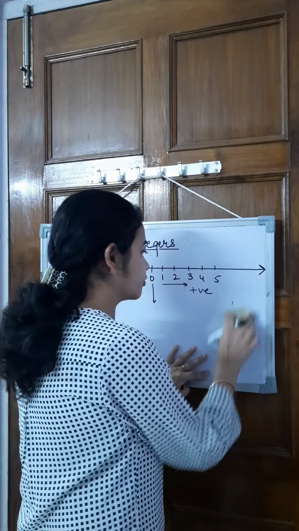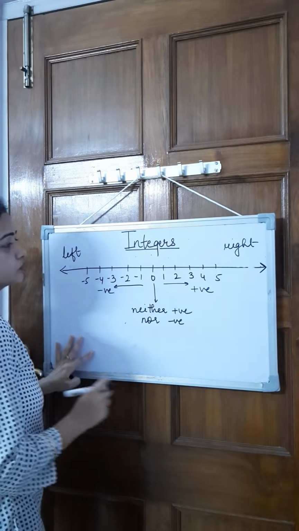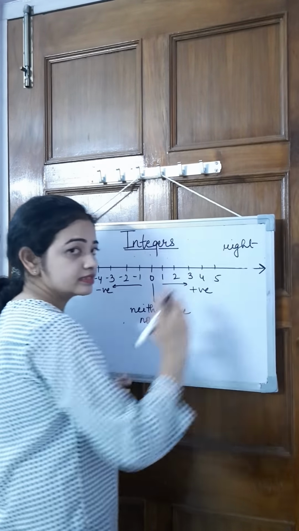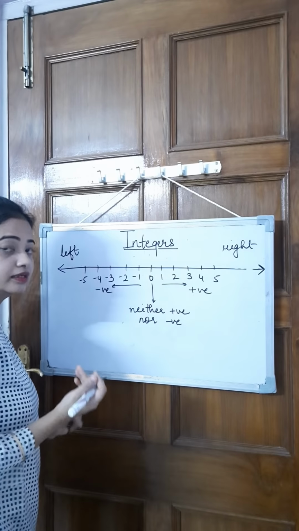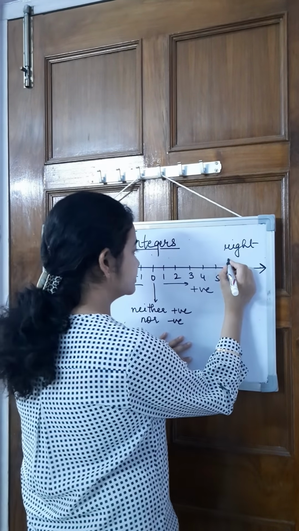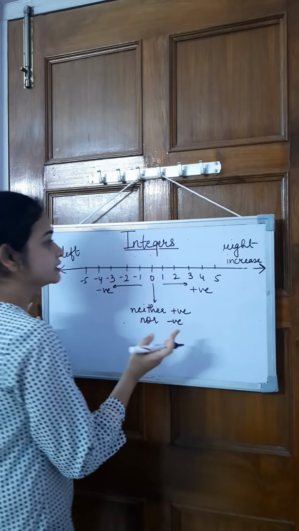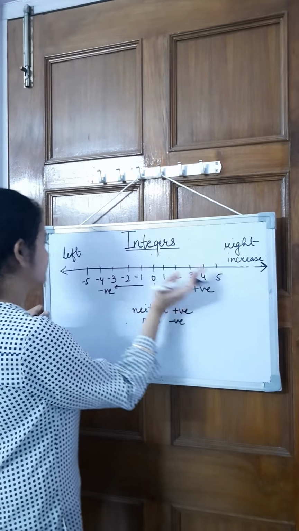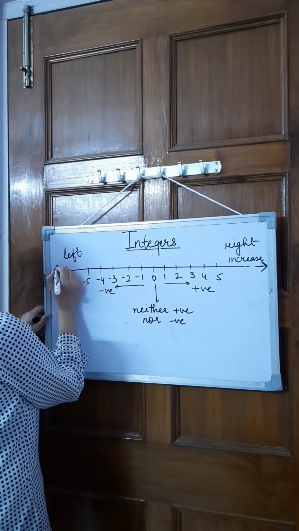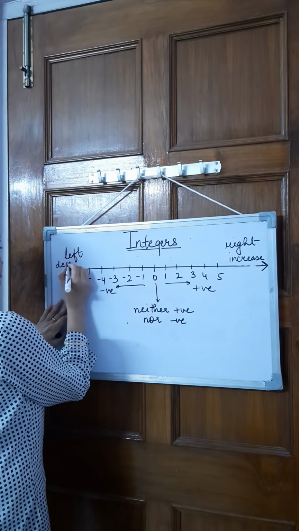So this means when I am moving towards my right side, this is my right side and this is my left side, the numbers are increasing. The numbers increase when I move towards my right side, and obviously if on this side the numbers are increasing, then when I move towards my left side, the numbers will decrease.